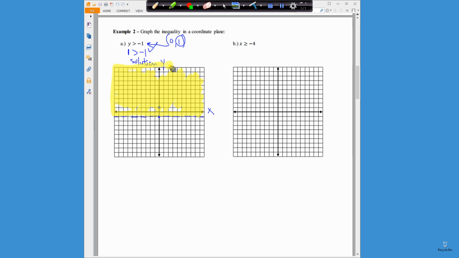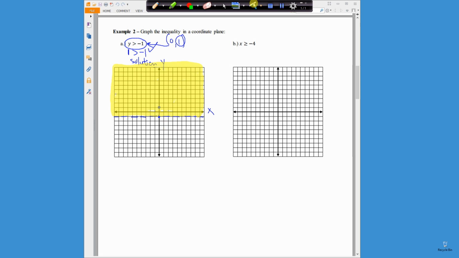Basically what I'm saying by shading this area is that all the points that lie in the shaded area are solutions to this inequality. Again, the boundary line is dashed, it's only greater than, so points on the boundary line are not solutions. But everything else in the shaded area are solutions to the inequality.